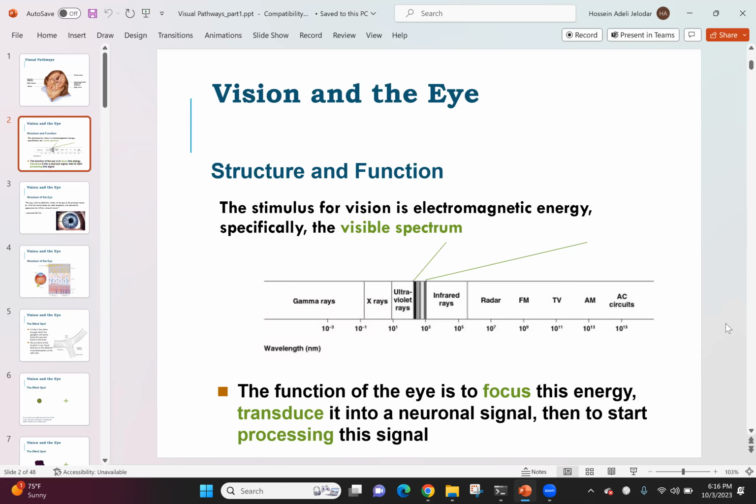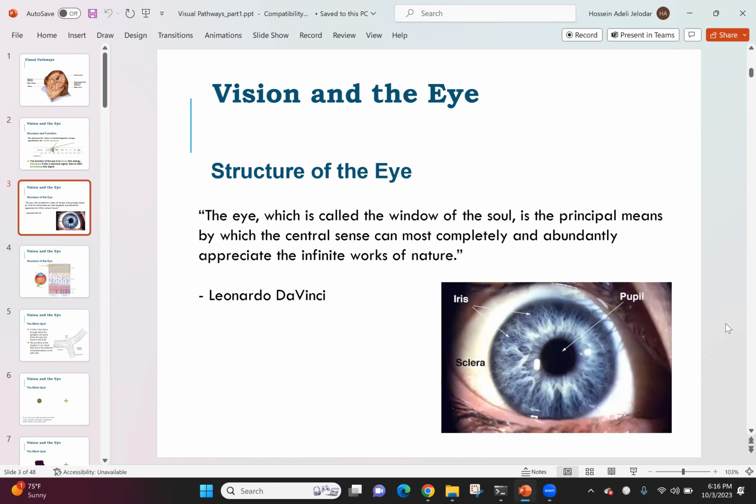Now, the function of the eye is to focus this energy in the visible spectrum, transduce it to neural signal, and then start processing the signal. That's what the eye does. And the eye is so important for many reasons. There is a quote here by Da Vinci: the eye, which is called the window of the soul, and you hear that metaphor a lot, is the principal means by which the central sense can most completely and abundantly appreciate the infinite works of nature.